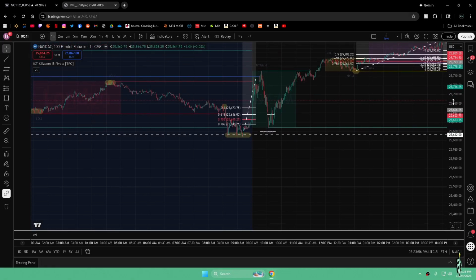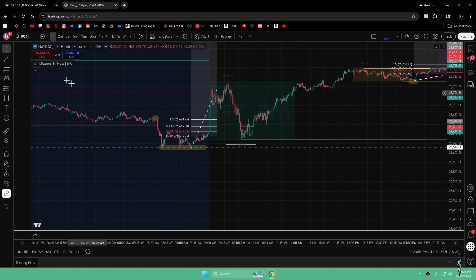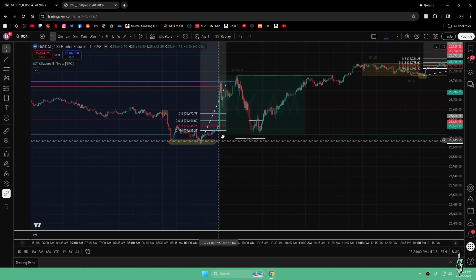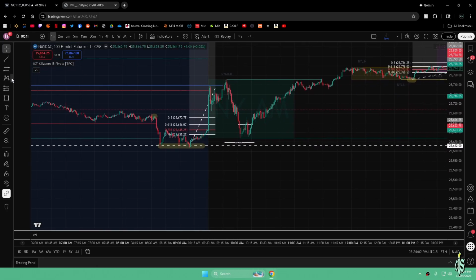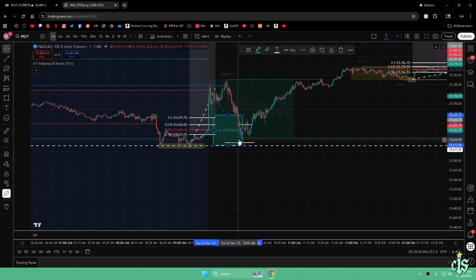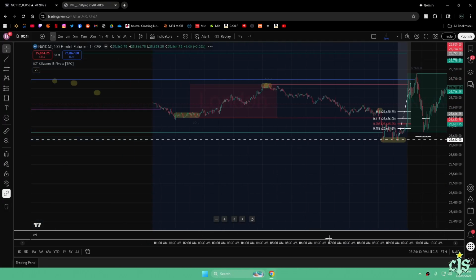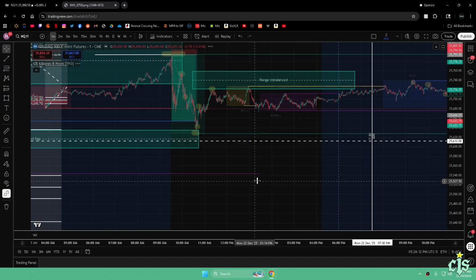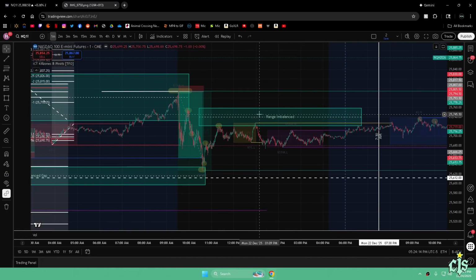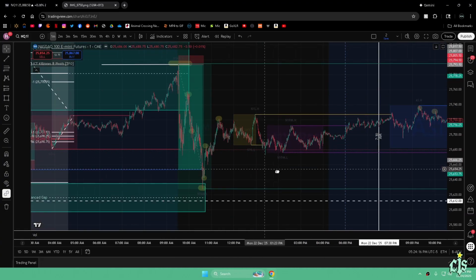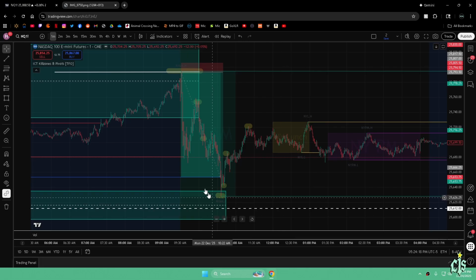So technically, right here, this would be like a range imbalance. Right here. So you want to see market come back into here before making a push up. Some type of that type of range imbalance. Or like this range imbalance. You could have got an entry off these.